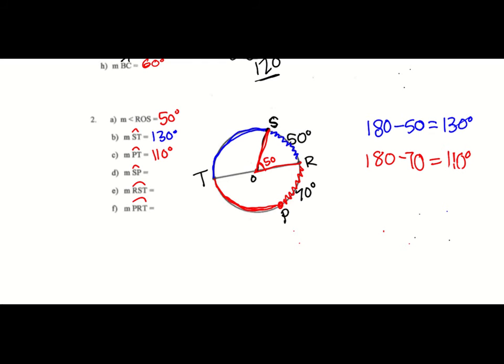Okay, SP. SP goes from here over to P. We know that SR is 50 and RP is 70. SP is that whole thing. We add 50 plus 70, we get 120.